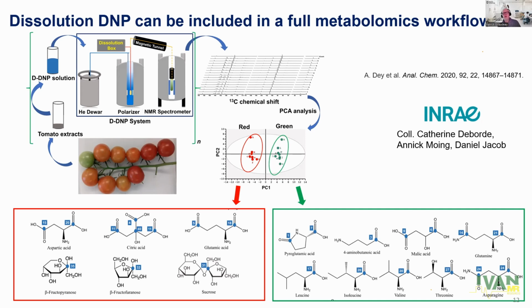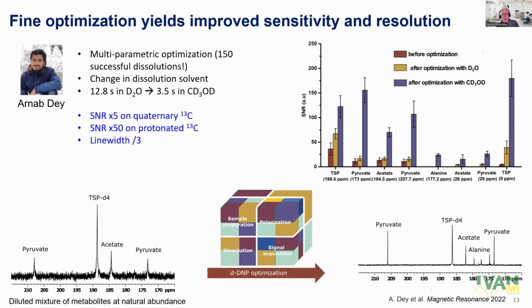And then we wanted to move forward, so we worked like crazy. Arnab Day, a brilliant postdoc in the team for 3 years, worked like crazy on optimizing the performance of this experimental setting. He optimized basically every parameter that could be optimized in the workflow: polarization, sample preparation parameters, dissolution parameters, and NMR detection.